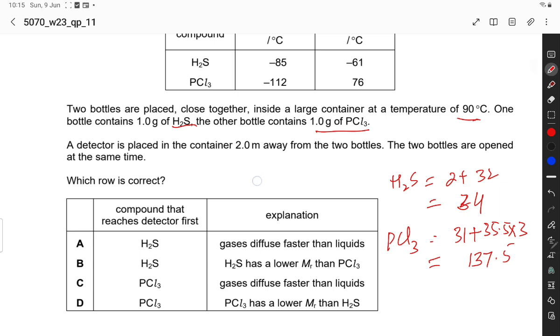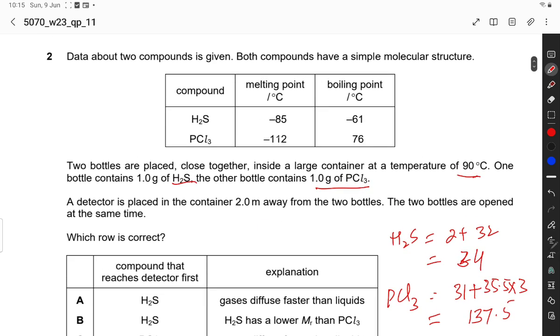PCl3 is in liquid state because its melting and boiling points are either side of room temperature. Room temperature is 25 degrees centigrade, and if the melting point is below room temperature and the boiling point above it, the substance exists in liquid state.